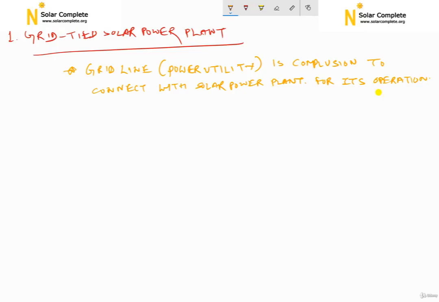So this is a block diagram of solar panels. It is going to your grid inverter, then it is going to your load. Now here we have a power utility line coming.